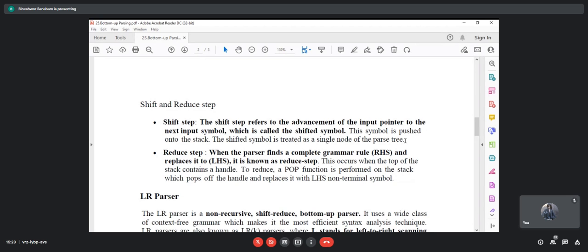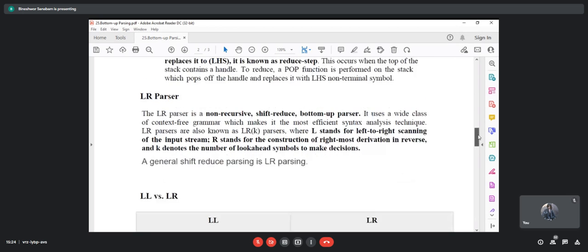That step is called the shift step. And reduce is, as we mentioned before, if we find any matching substring, then we are going to reduce it. When the parser finds a complete grammar rule on the right hand side and replaces it with the left hand side, we call it the reduce step.